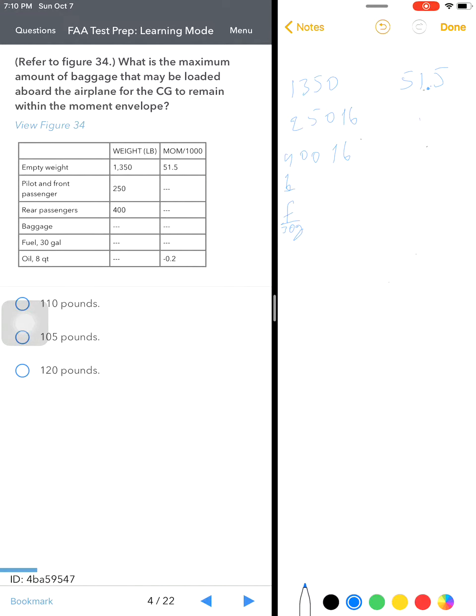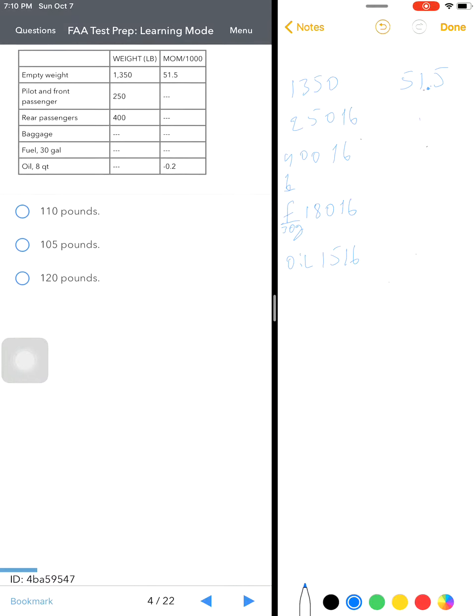We know that each gallon is 6 pounds, the way we just discussed. So if we multiply 30 by 6, we have 180 pounds of fuel on board. Now oil, 8 quarts, and we know already the moment is -2. 8 quarts is 15 pounds.